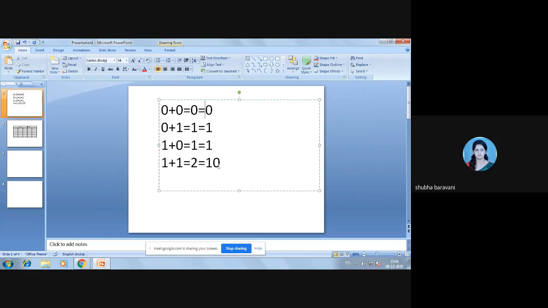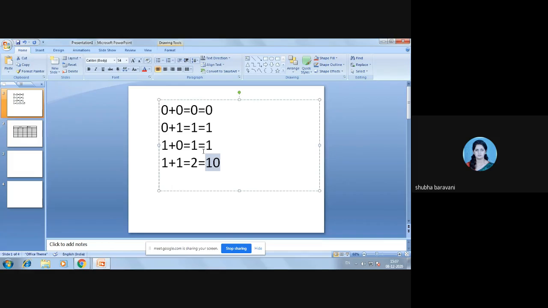The higher significant bit is called carry, and the lower significant bit is called sum. I'm talking about digital computers, which perform various arithmetic operations. The logic circuit which does this operation on 1-digit or 2-digit numbers and gives you this is a half adder.